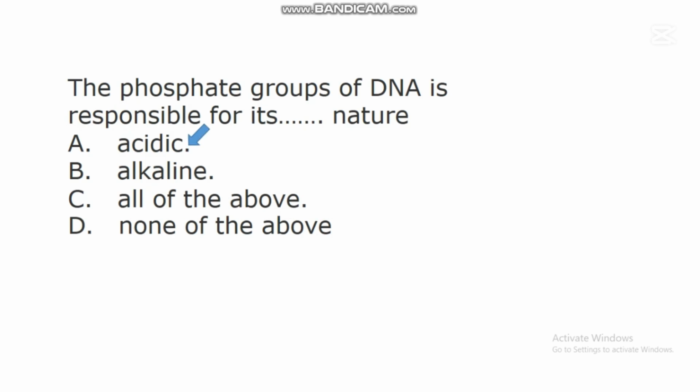Research has shown that the phosphate groups of DNA are responsible for the acidic nature of that chemical compound called DNA. So if anything goes wrong in this phosphate group of DNA, the acidic nature of the DNA will be affected.